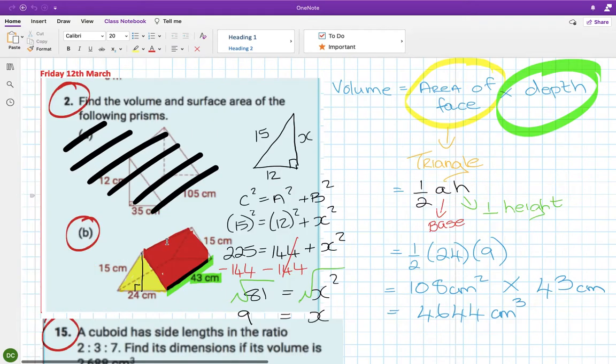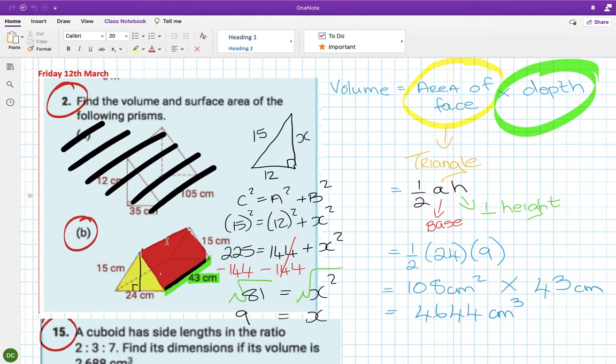And then I know the one we did on Friday didn't have a bottom, but this one does. So if I take the colors back off maybe, you can see it there. That's the base there. It's still a rectangle and it's 24 by 43.